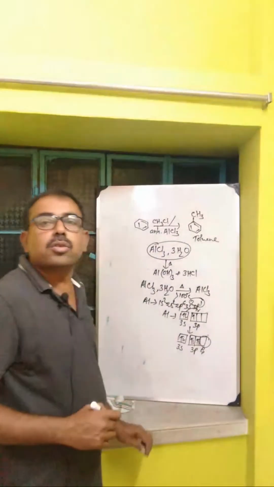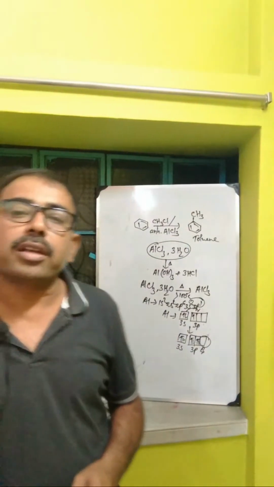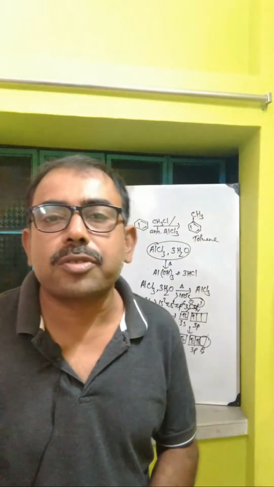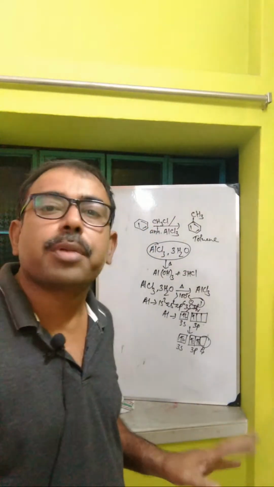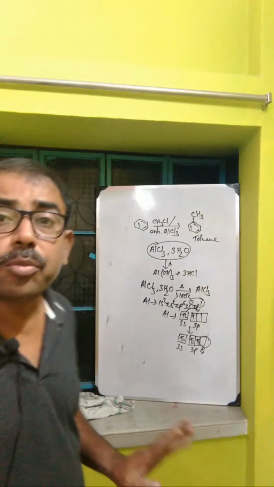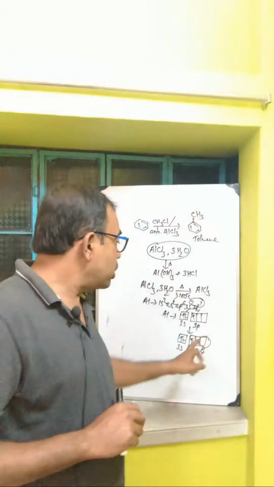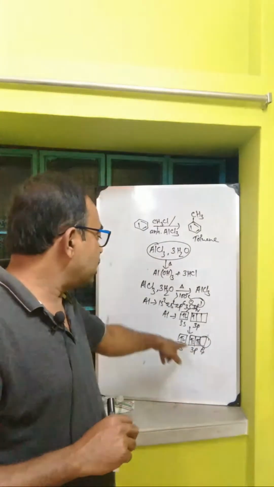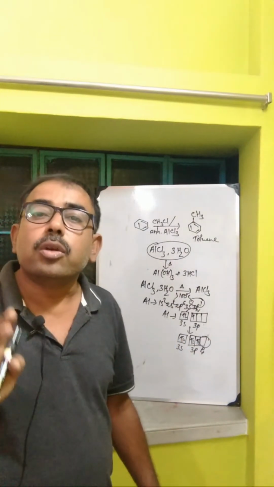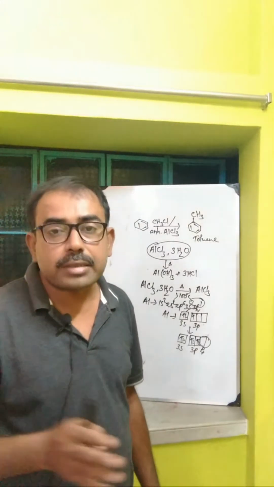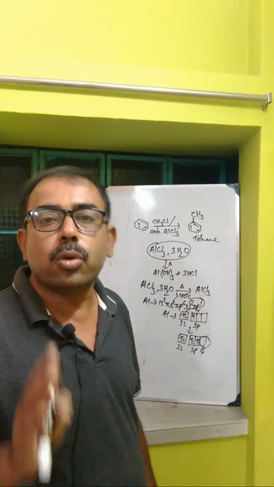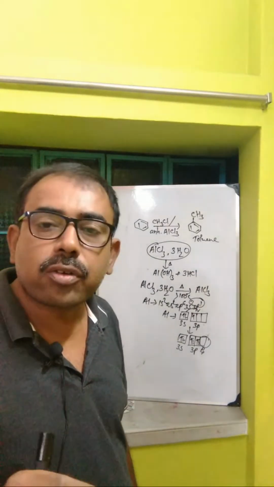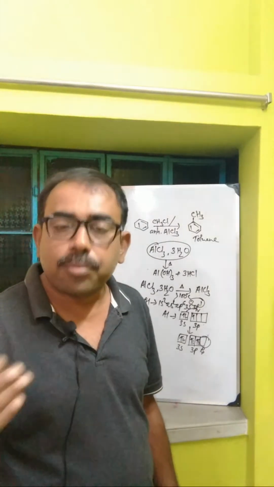So if aluminum wants to accept a lone pair from another molecule, it can accept that paired electrons and accommodate them in its vacant orbital. That's why aluminum chloride is a Lewis acid. Now what are Lewis acids? Lewis acids are those which can accept lone pair electrons from others.